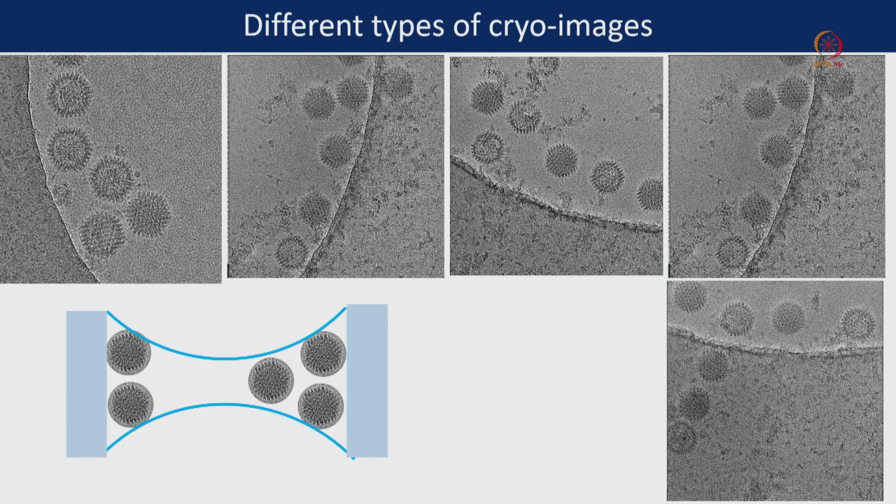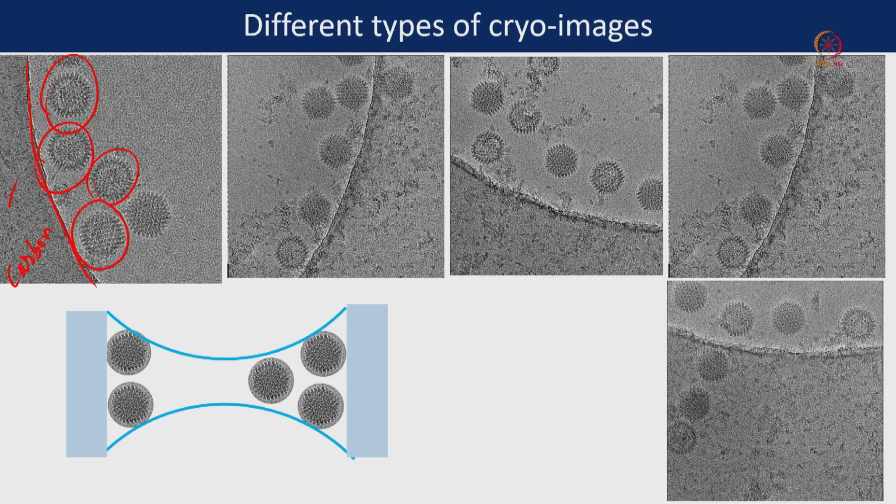Okay. Next, sometimes larger molecules stay near the carbon area. Here you can see there are very nice virus particles, and this is our carbon area. This virus particle is trying to stay near that carbon area. Why is it trying to stay near the carbon area?